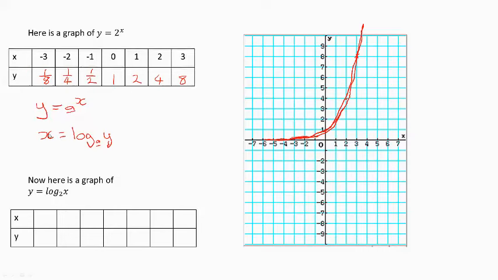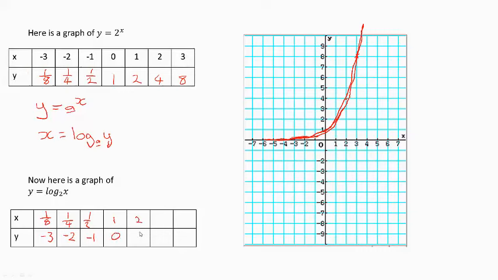So if I start down here, now x is 1/8, y is minus 3. x is 1 quarter, y is minus 2. x is 1 half, y is minus 1. When x is 1, y is 0.